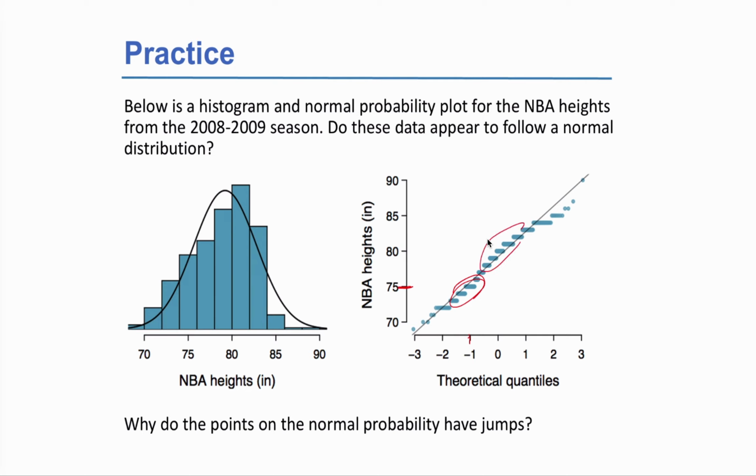Here you've got some more points that are in the middle, and then you've got points that are below the curve there. The points on the normal probability plot have jumps because height is reported in inches. Even though height is a continuous variable, nobody says that their height is 73.8827 inches.